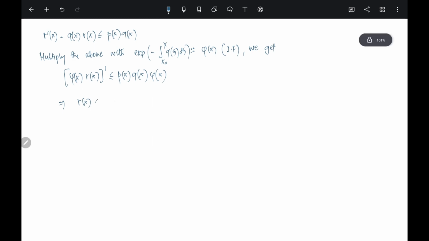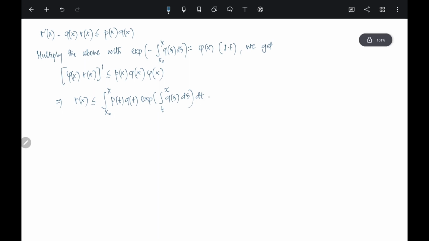So this is always dominated by the integral from x naught to x of p of t q of t, and then this phi of x, I can write it properly, so it becomes exponential of integral from t to x of q of xi d xi dt.